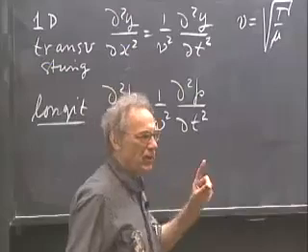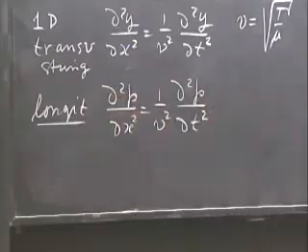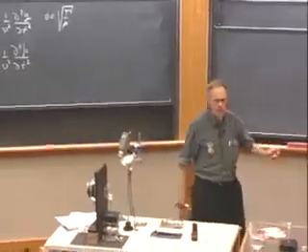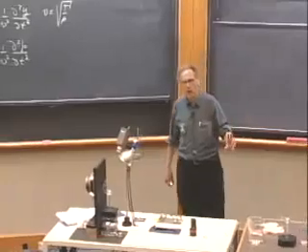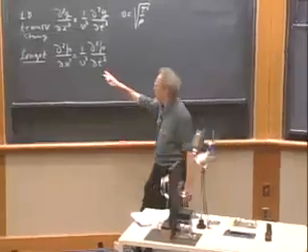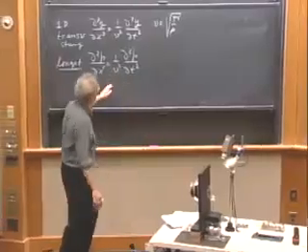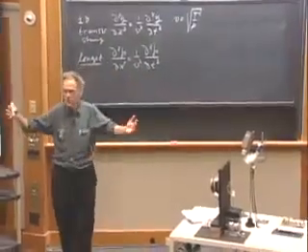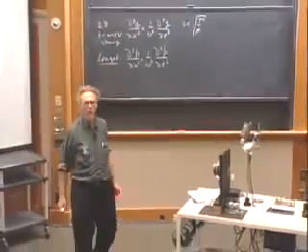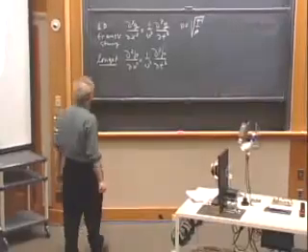P then, being positive, would be over pressure, over and above the ambient 1 atmosphere, and if it's negative, then it is below. So it's not the total pressure, but it is the over pressure. And v then is the speed of sound, which in air, room temperature, is about 340 meters per second.